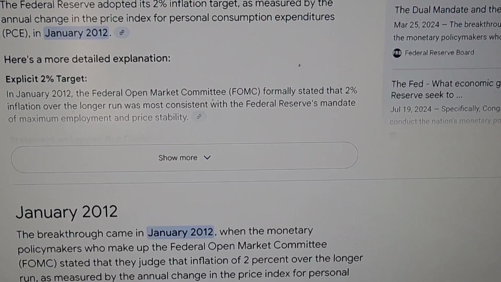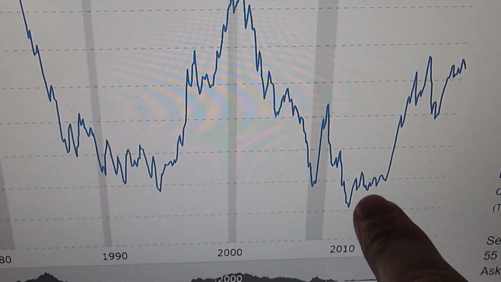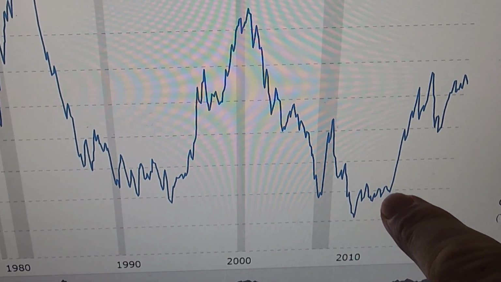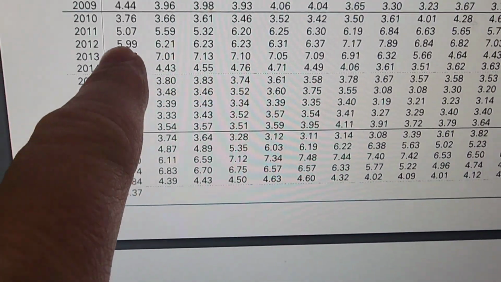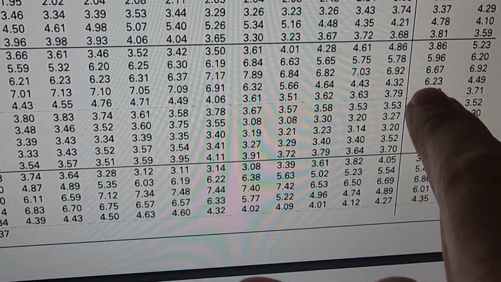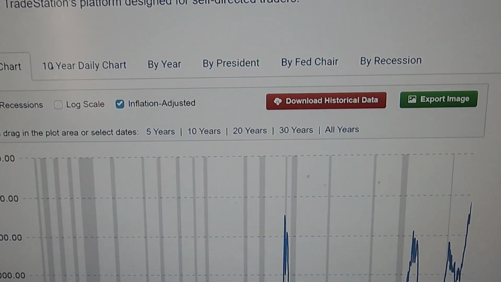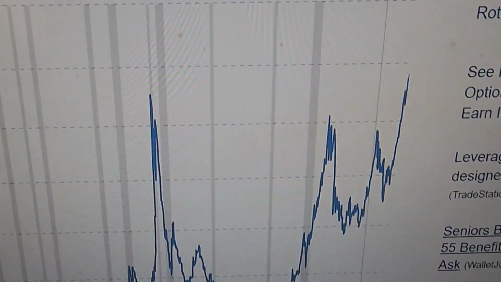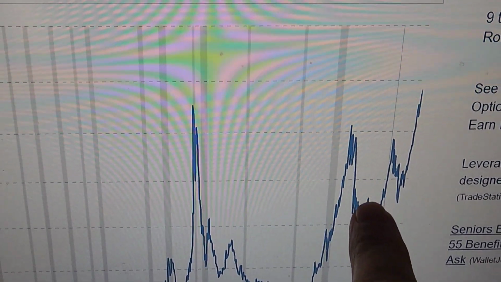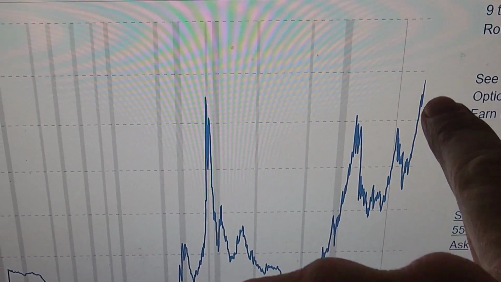And that was adopted right about in here on this dollar index chart. And look what happened to the dollar ever since. And look what happened to cash grain prices ever since. And what happened to gold after that 2% mandate? That would have been right about in here. And then this right in here would be COVID.